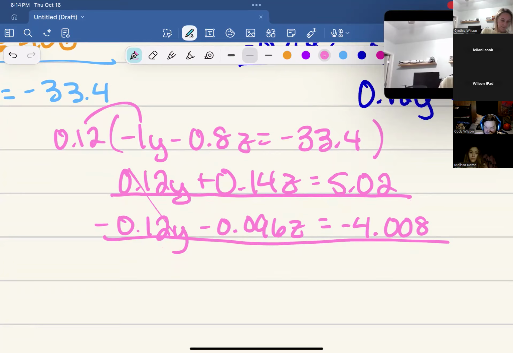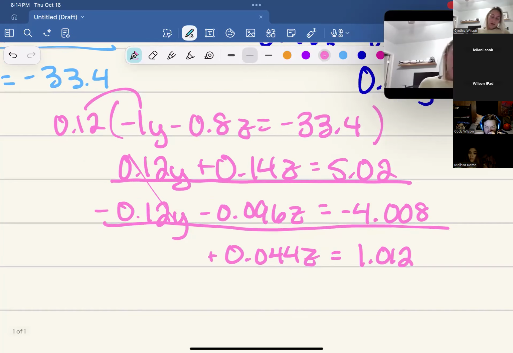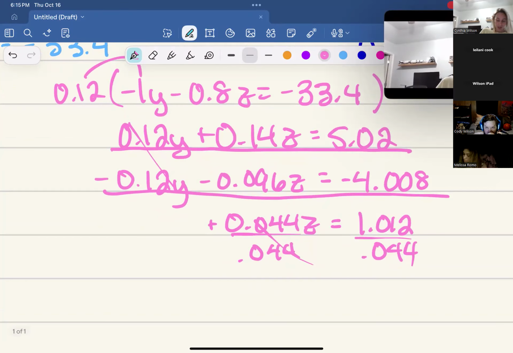Add everything else together. And then divide. So believe it or not, when you divide this, you get a whole number. It's 23.